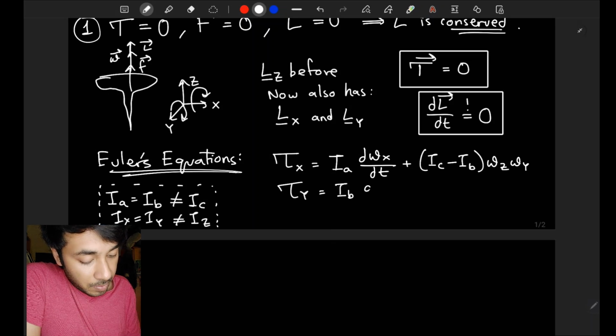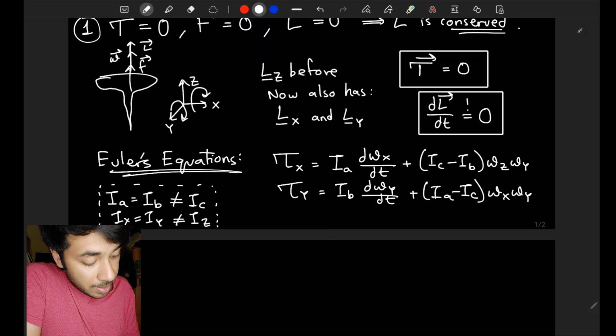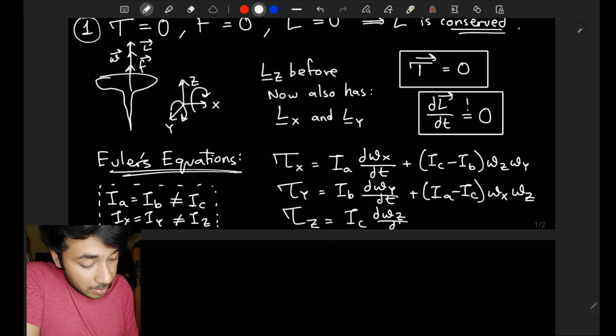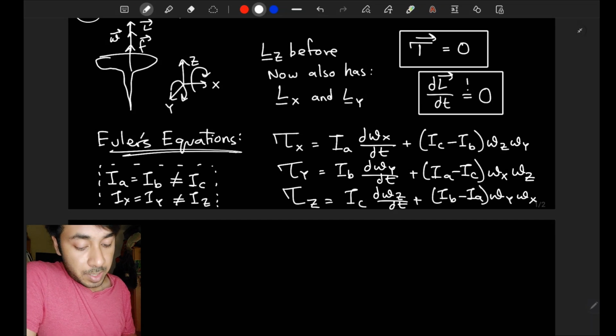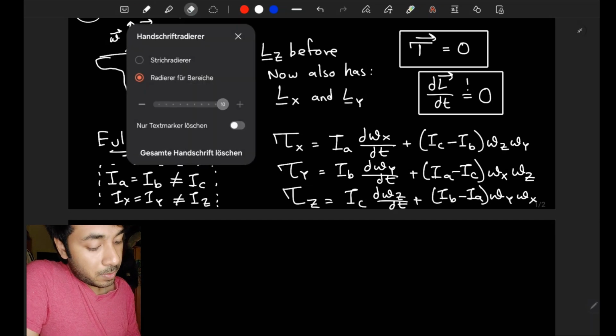Then you have torque of y is equal to IB d omega y dt plus IA minus IC omega x omega z, sorry, my fault. Then you have the torque of z, which is IC d omega z dt plus IB minus IA omega y omega x. Exactly.